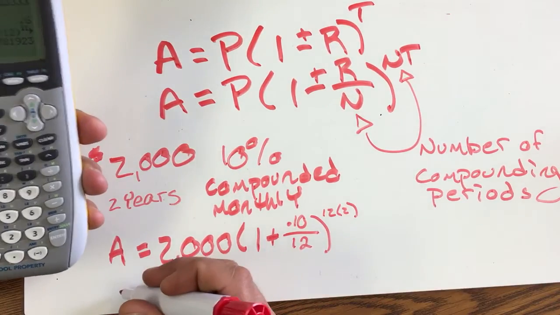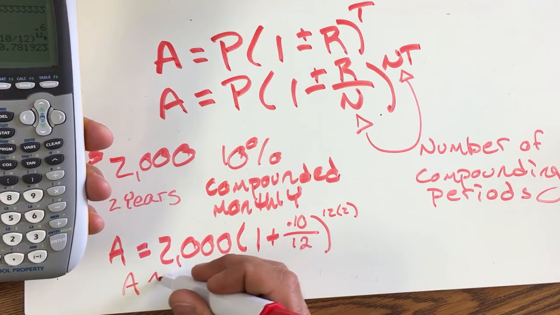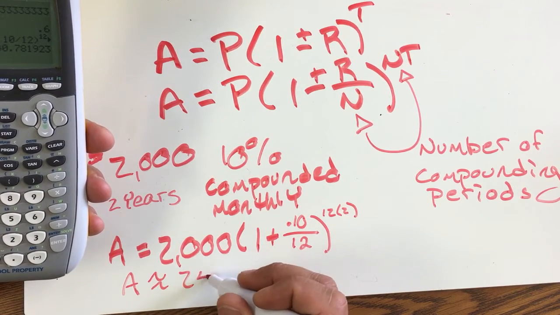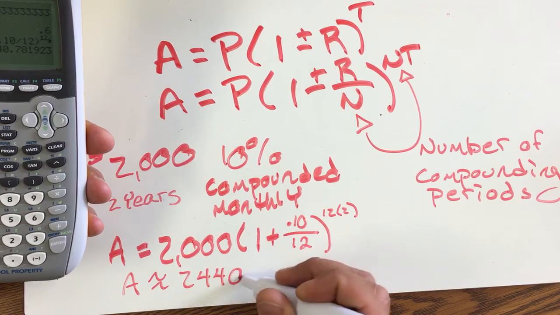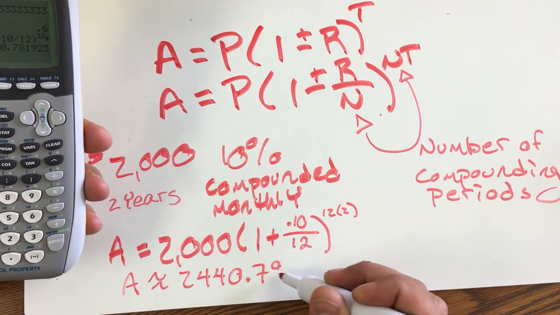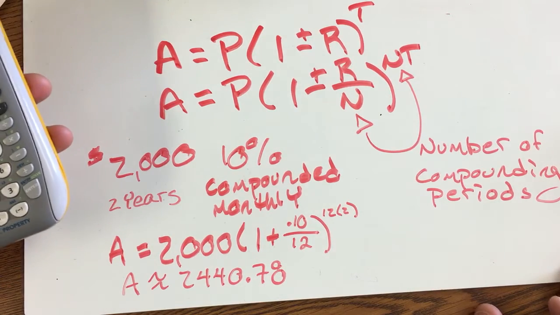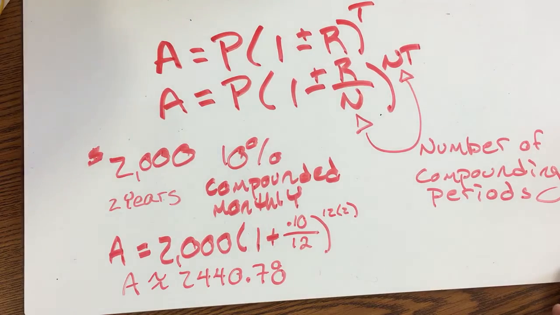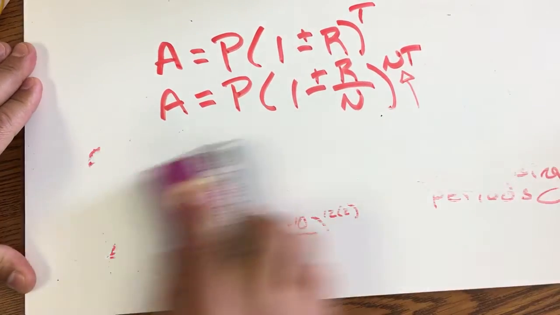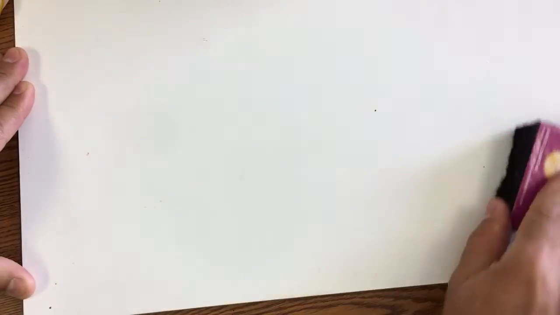And it tells me the amount is approximately $2,440.78. So that's how I'm doing these. I'm going to give you guys a couple of problems to do. I'm actually going to do one of the problems with you.